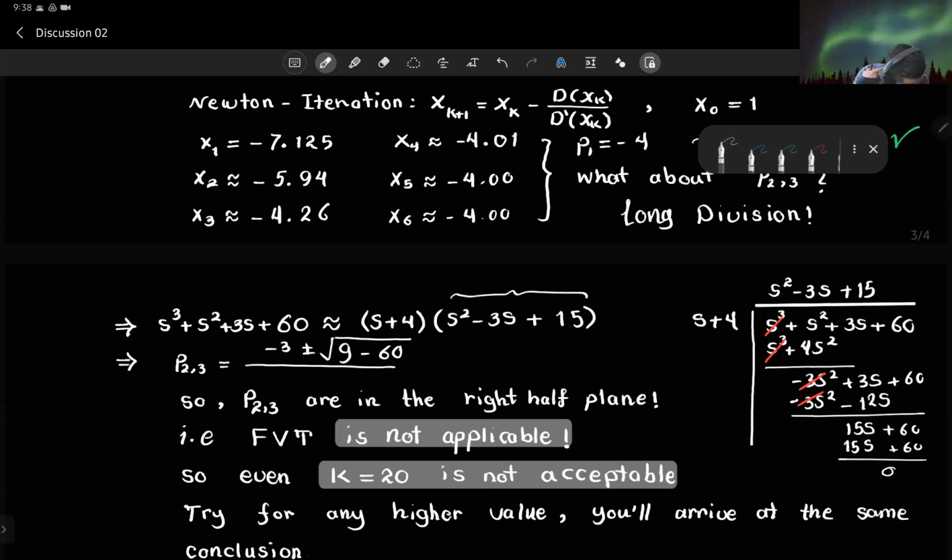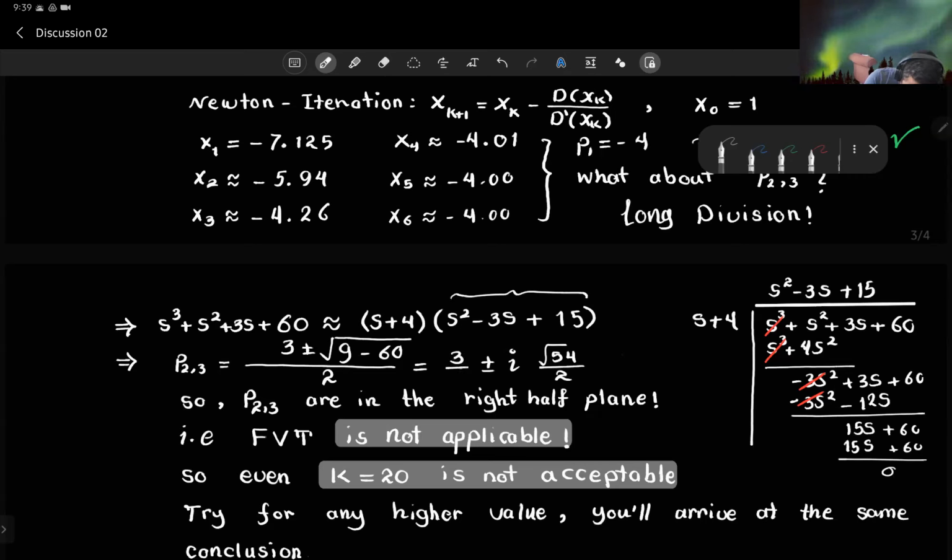Which is just going to be equal to negative 3 over 2 plus or minus i, and then you have square root of 54 divided by 2. This is actually a plus, and this is a plus.